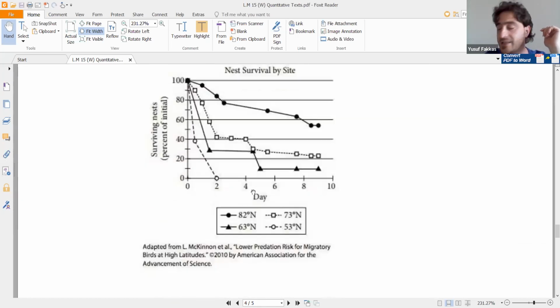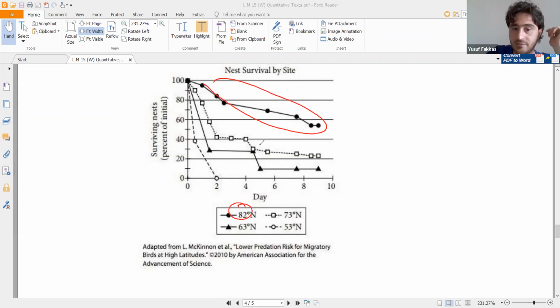If you look here, is that correct? This is the highest location, 82. And yes, it has the highest line of percentage. 53 is the lowest location. And yes, it has the lowest line, and so on and so forth.